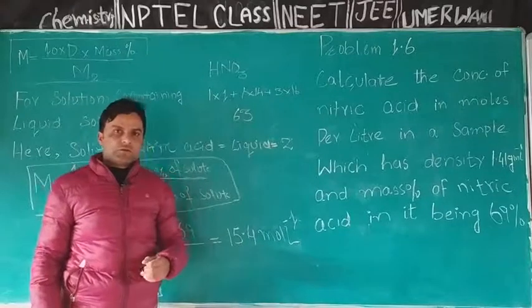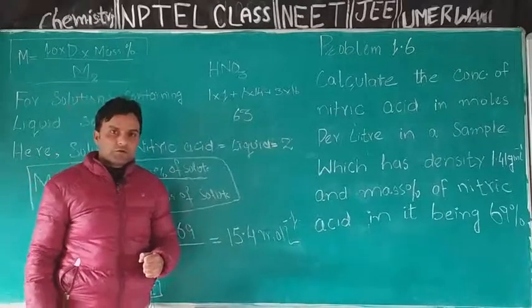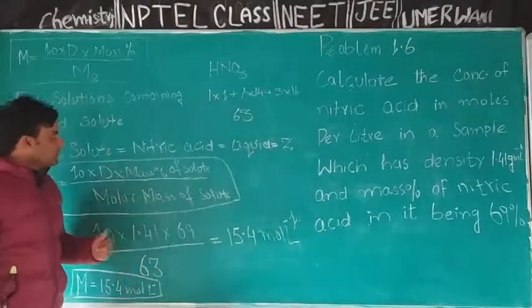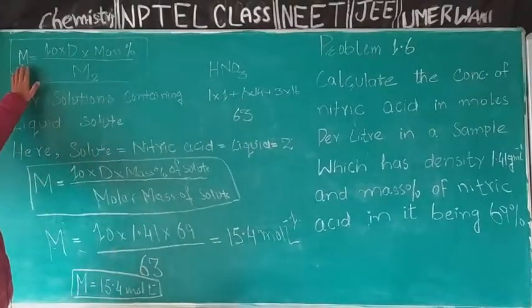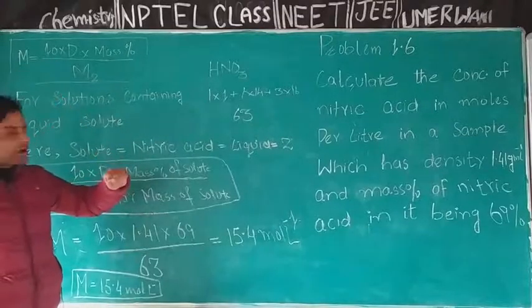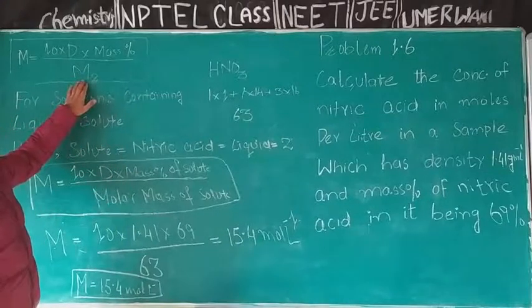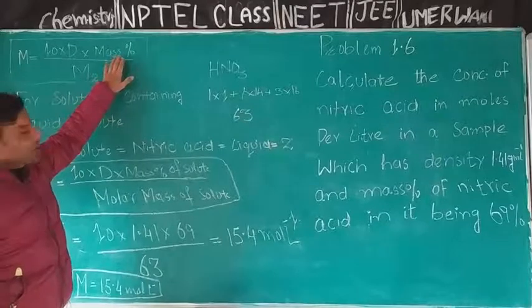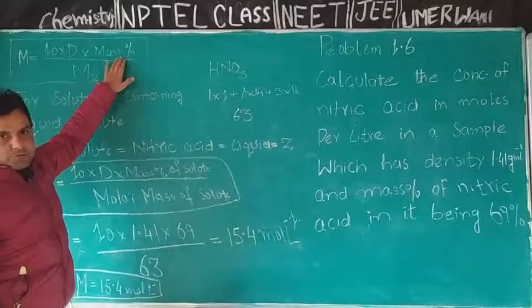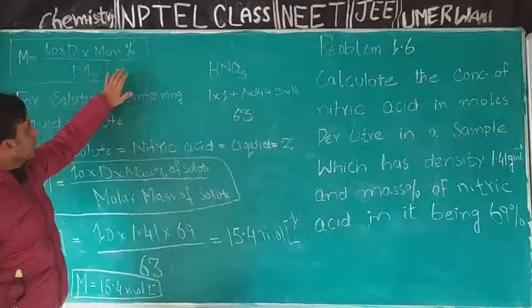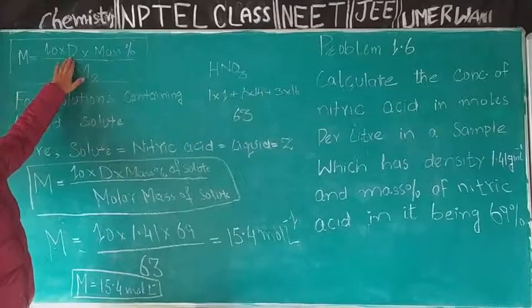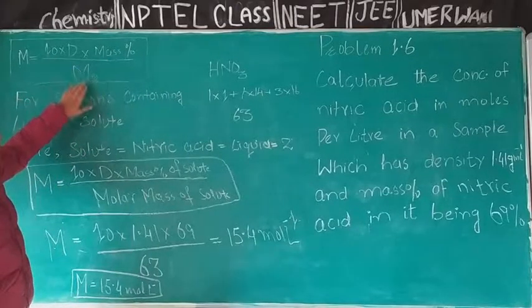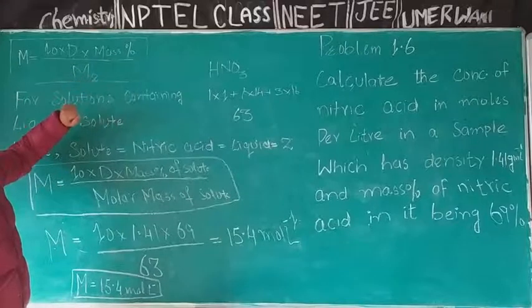But for solutions containing a liquid solute, the equation that we use to determine molarity is molarity equals 10 into density into mass percent divided by M2. Instead of mass percent, you can also write percent purity. D is density of solution and M2 is molar mass of solute.